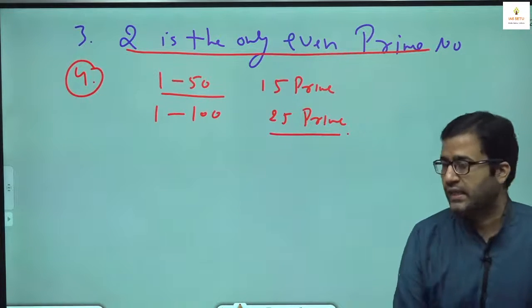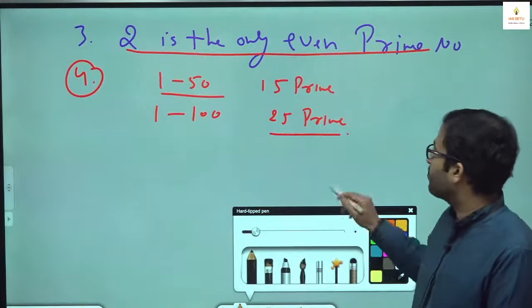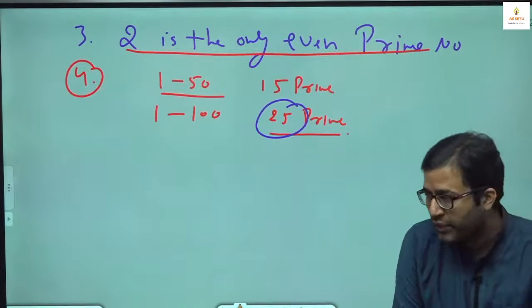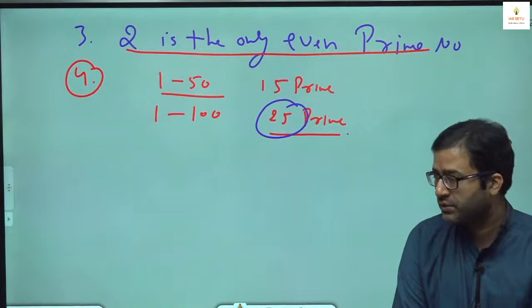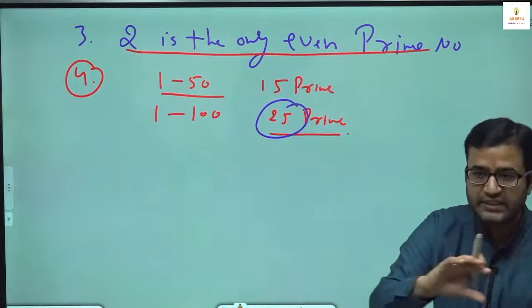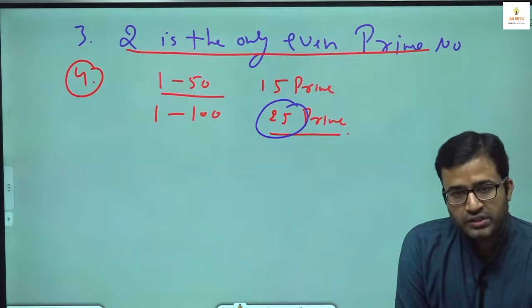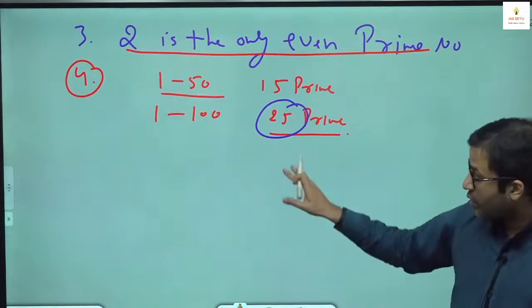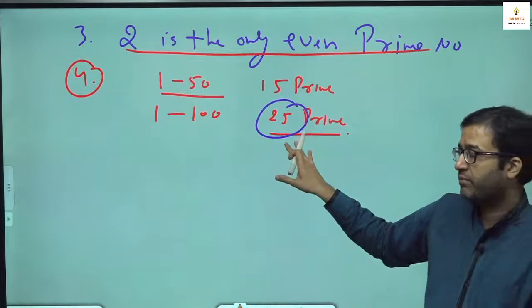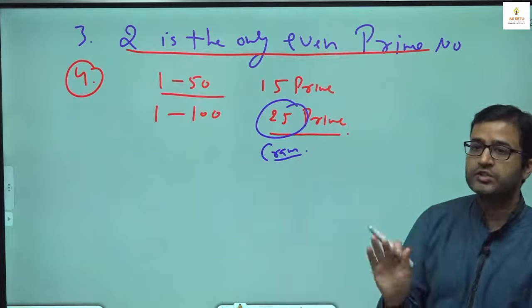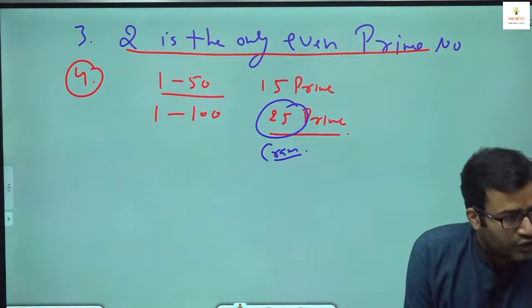And in CSAT, these prime numbers are used directly or indirectly. We have a topic, number series; there also they use prime numbers to make series questions. So my suggestion, or it is your homework, I give you the list of these 25 prime numbers. You have to cram this. And it is not a difficult task.